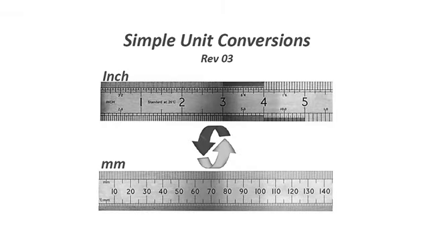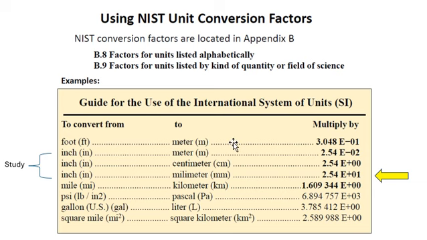Unit conversions, we're going to learn how to convert inch to millimeter, millimeter back to inch. So here is your inch, and then your millimeter, your steel rules, right? You're going to use them in the lab. So let's see how to convert units.